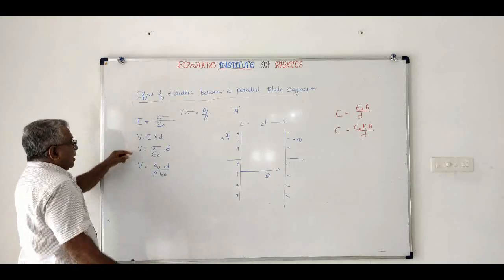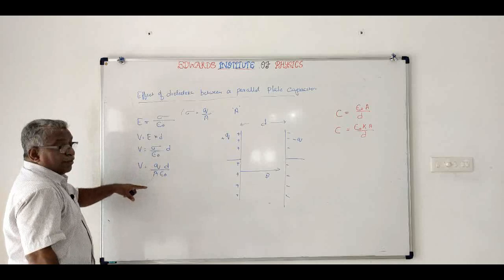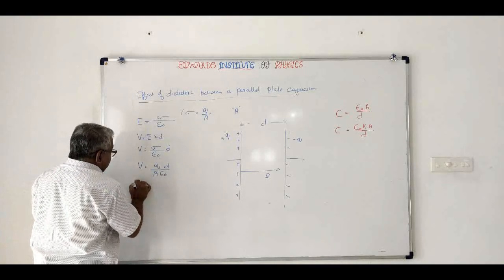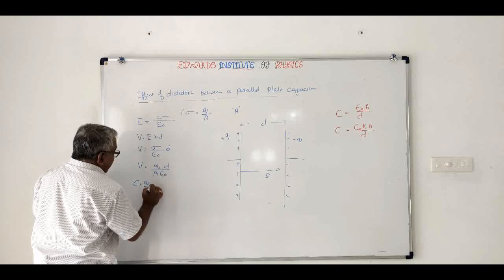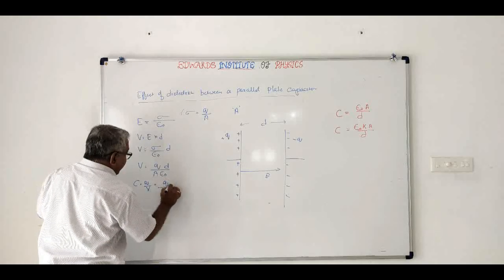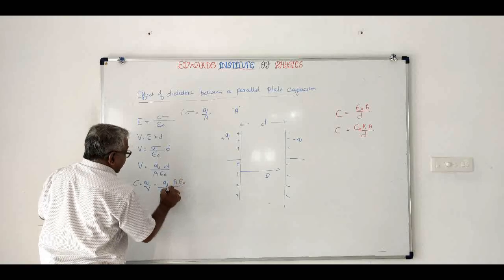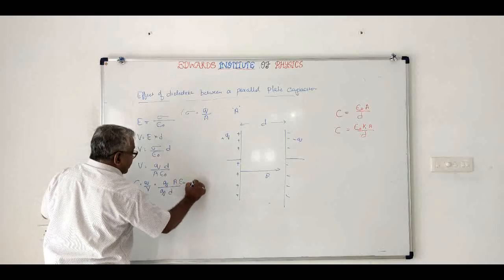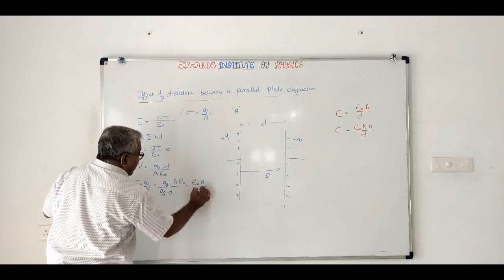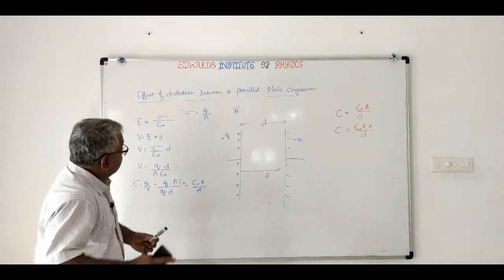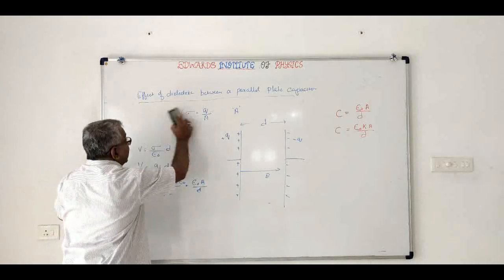I am replacing sigma by Q by A, as shown in the last video. And what will be C? C will be equal to Q by V, which is Q divided by QD by A epsilon 0, and that is equal to epsilon 0 A by D. That is how we got that formula. Now let us see what happens when a dielectric comes.